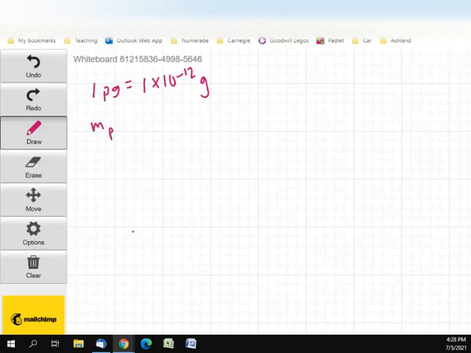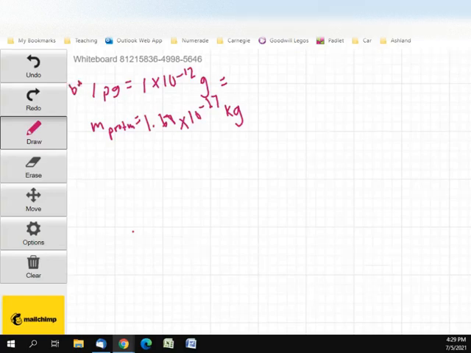Now, the mass of a proton is, and I'm going to look that up because I don't know that by heart, 1.67 times 10 to the negative 27th power kilograms. Now, this is for bacteria.